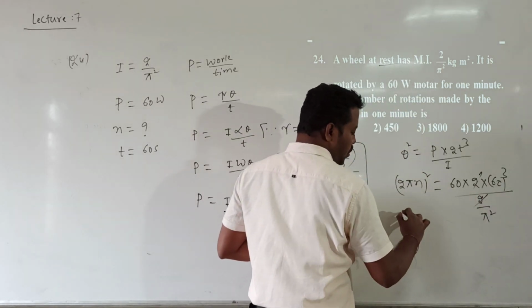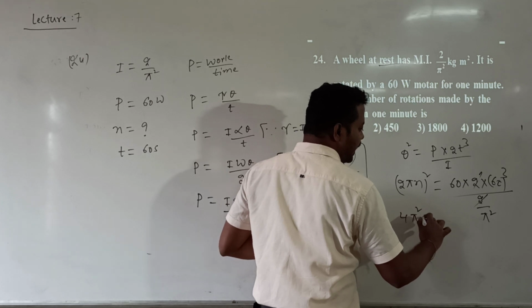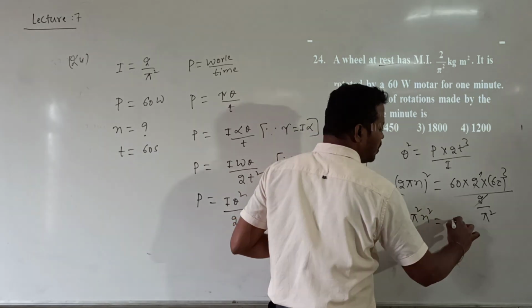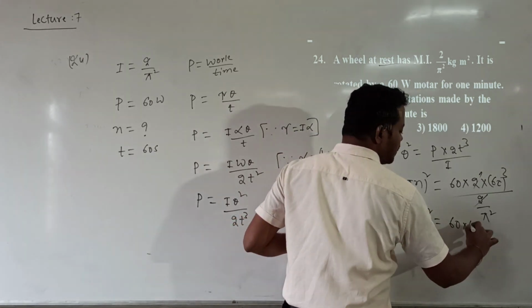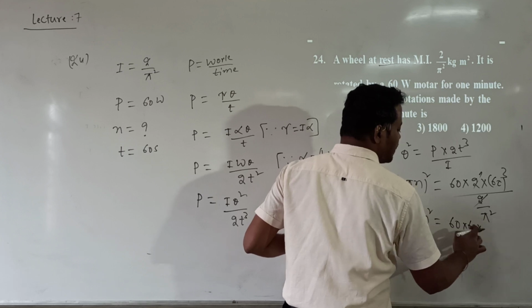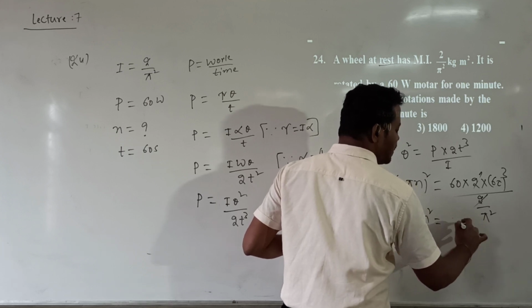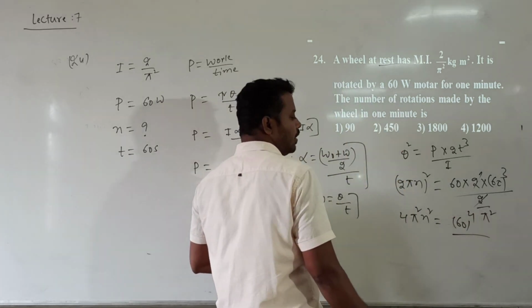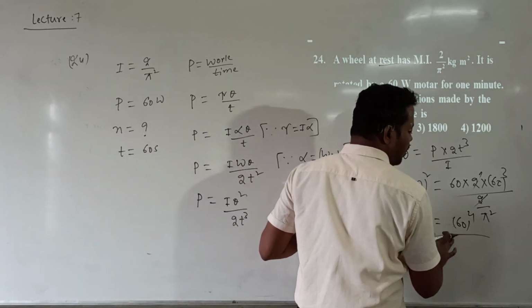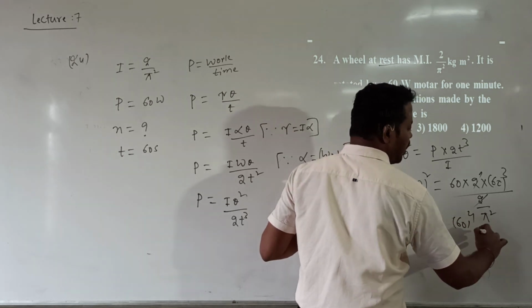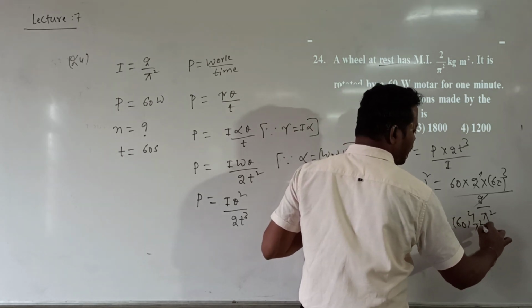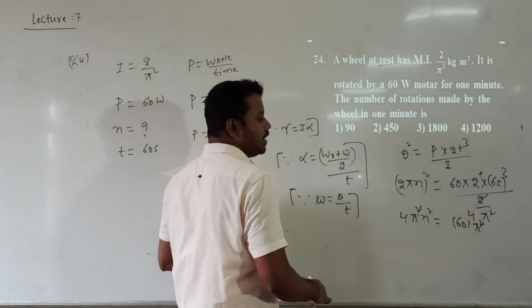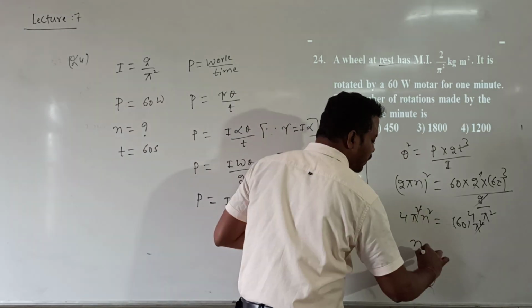And so 4 into pi square into n square will be equal to 60 whole power 4 divided by, see, in the denominator nothing else is there, whole power 4 into pi square. So pi square cancels. Finally calculate the value of n square.